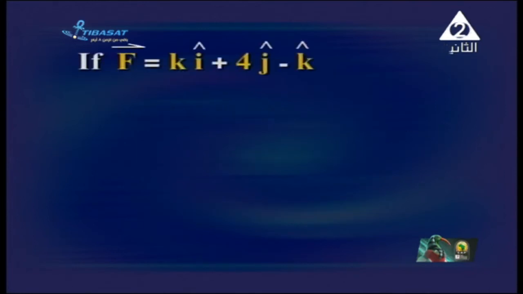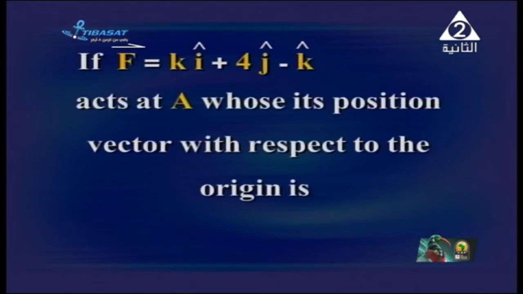Example. If the force F, with components k i plus 4j minus k, acts at a point A, whose position vector with respect to the origin is the vector (1, 2, 2).